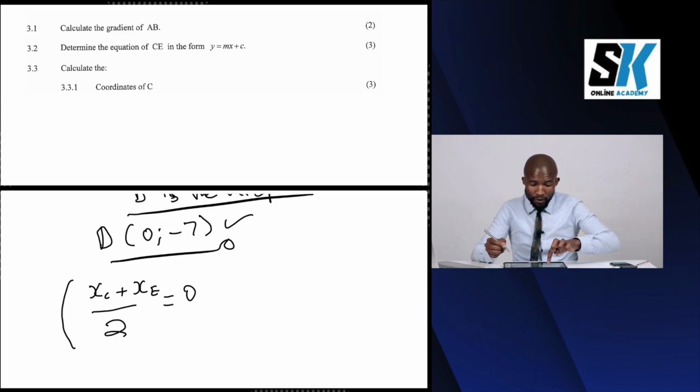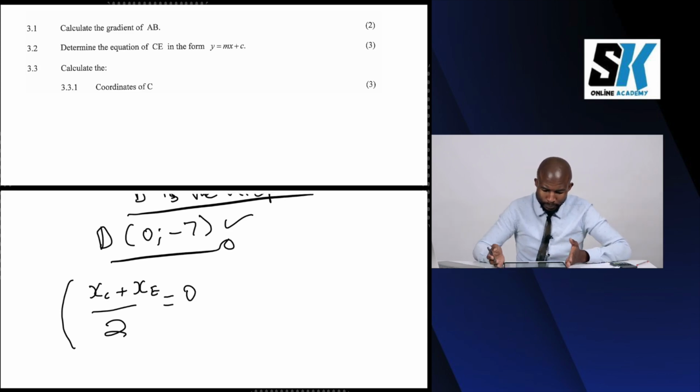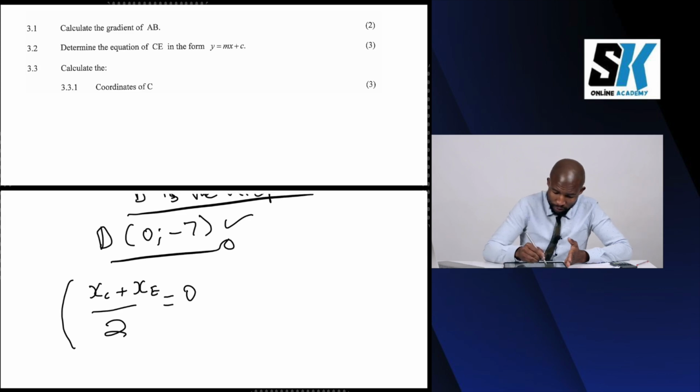Remember, we are looking for the coordinates of C. We already have E, all over 2 equals 0, which is the 0 from the coordinates of D. So I'm going to start with the x's first, and then let's go on to the y side.